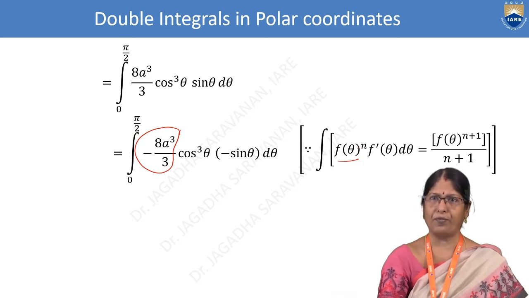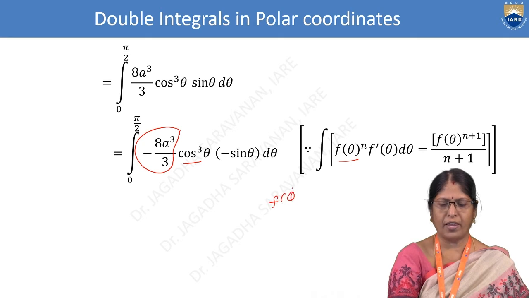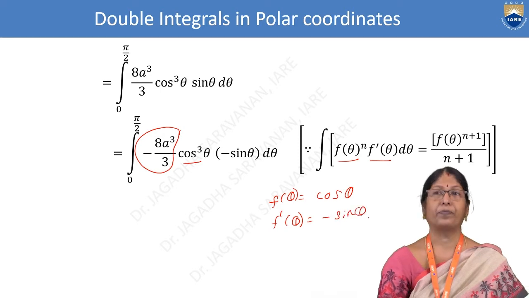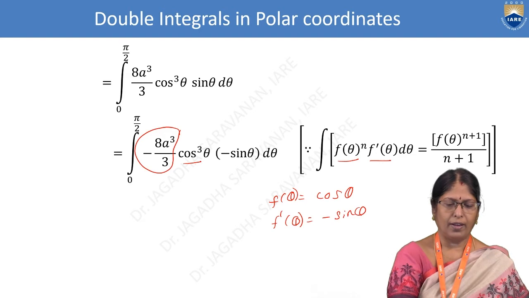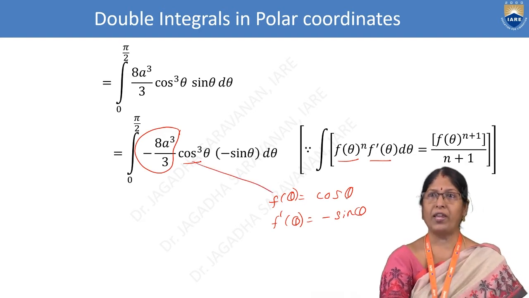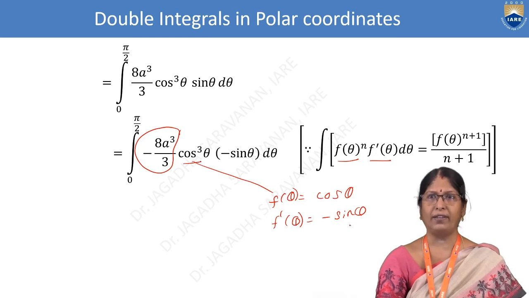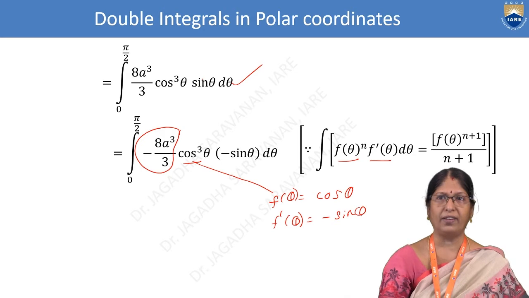First, what is f of theta? From here I am picking f of theta equal to cos theta. According to this, we want f dash of theta, that is minus sine theta. See the beauty of this integration. We have taken f of theta equal to cos theta, f dash of theta equal to minus sine theta. But in the previous step, we have only plus sine theta.